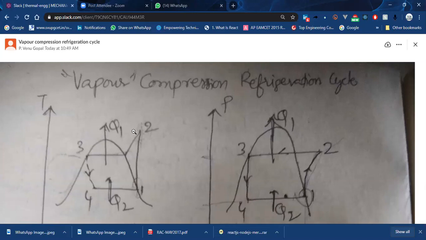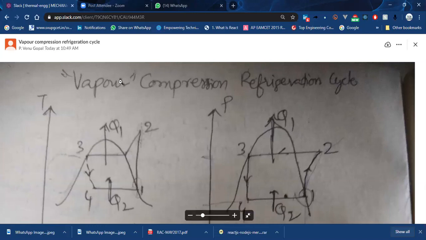Second important thing is, as you can see the title itself says that it is vapor compression refrigeration cycle. That means here the refrigerant is in the form of vapor. Suppose if you are using ammonia as a refrigerant, the ammonia vapor will be compressed.